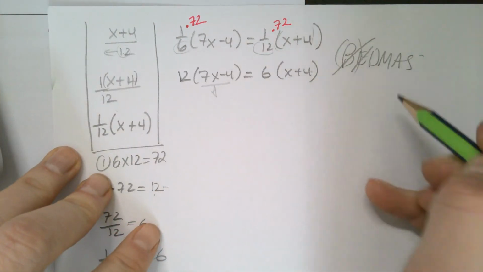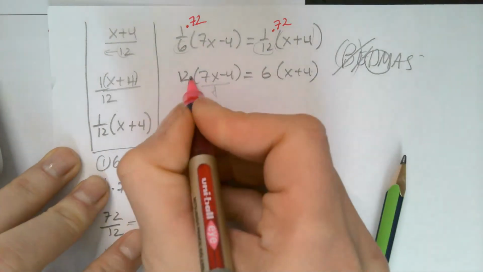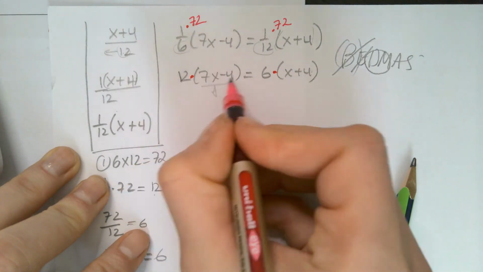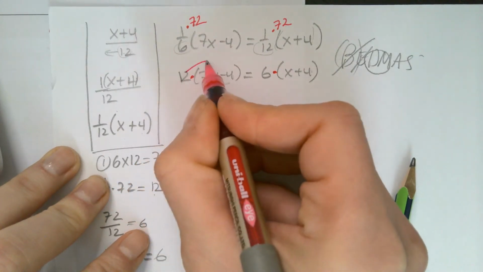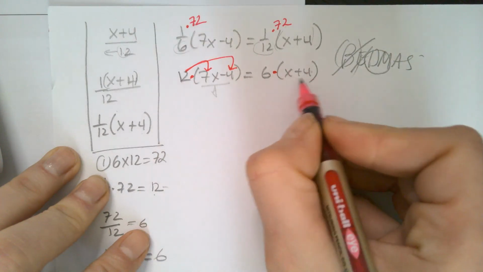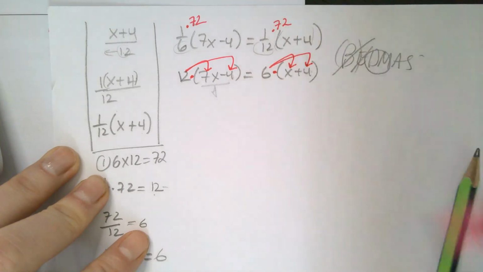There's no exponents. Divide and multiply. I have a multiply right there. So this says 12 times everything in the bracket, so I have to distribute it to everything in the brackets. 6 times everything in the brackets, so I distribute it out.